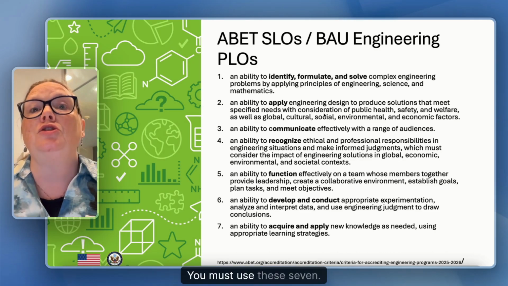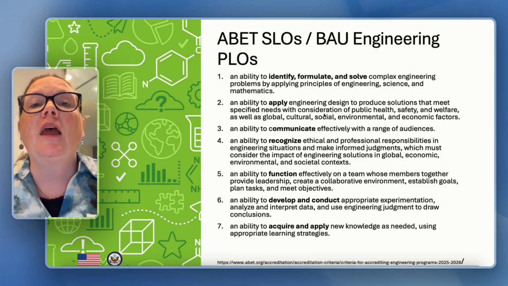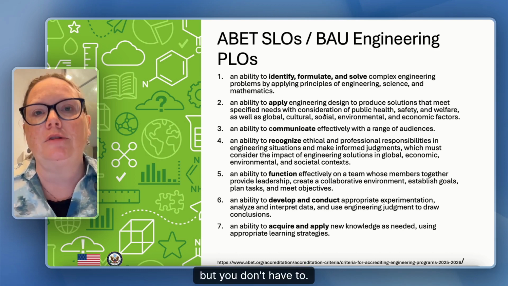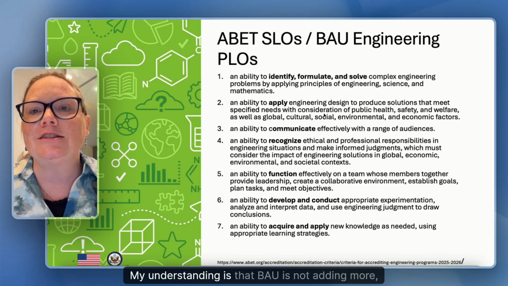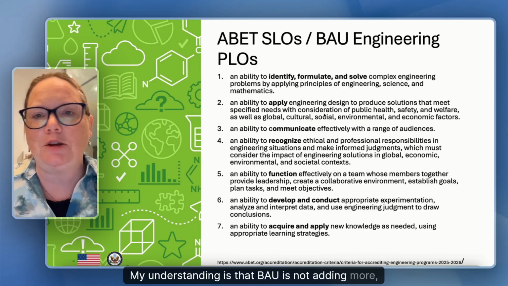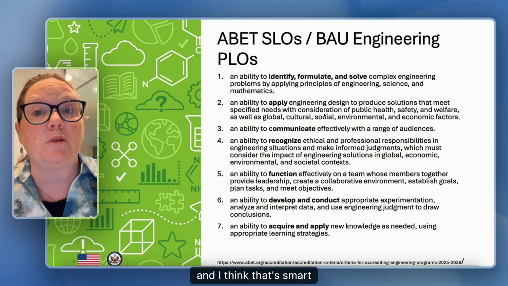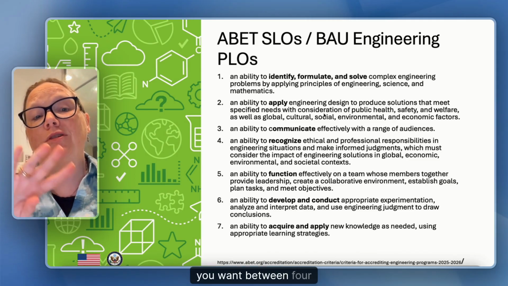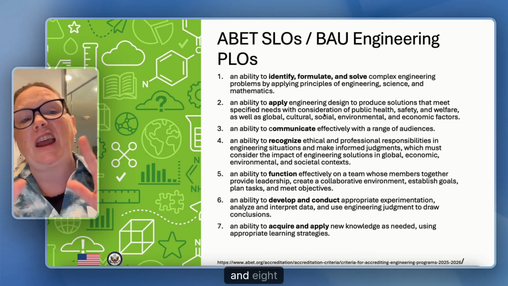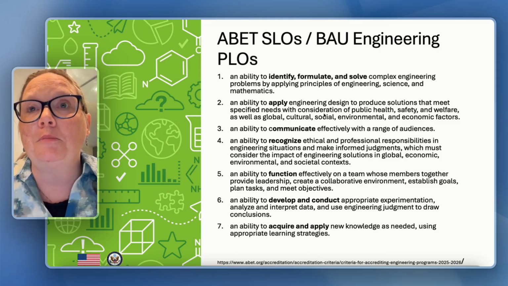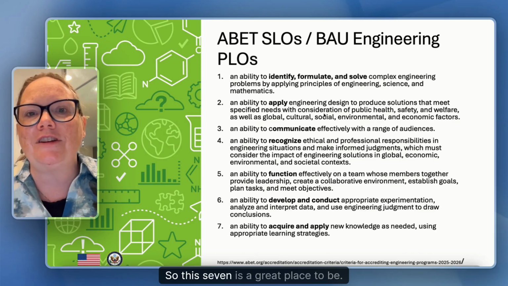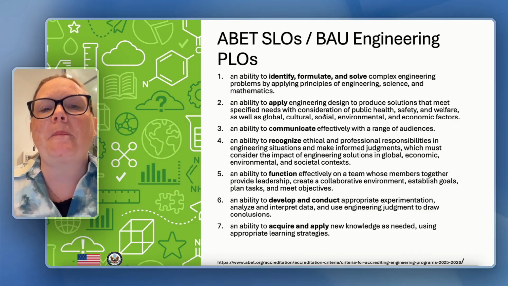You must use these 7. You can add more, but you don't have to. My understanding is that BAU is not adding more, and I think that's smart. In general, you want between 4 and 8 PLOs total. So this 7 is a great place to be.